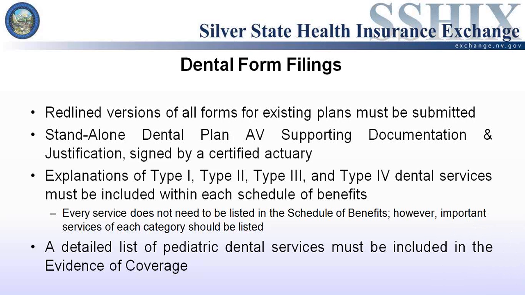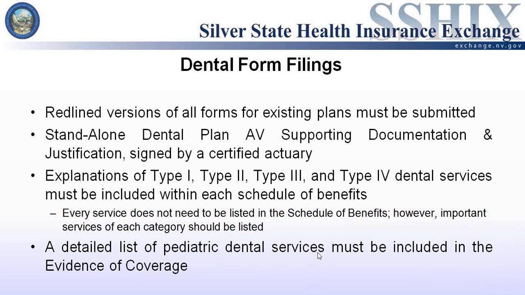The two types of forms that we require are the schedule of benefits and also an evidence of coverage. All the covered pediatric dental benefits do not have to be included in the schedule of benefits. You can have just the major benefits that consumers tend to refer to in the schedule of benefits. That's really a summary. However, the evidence of coverage does need to include all of the covered pediatric dental services.